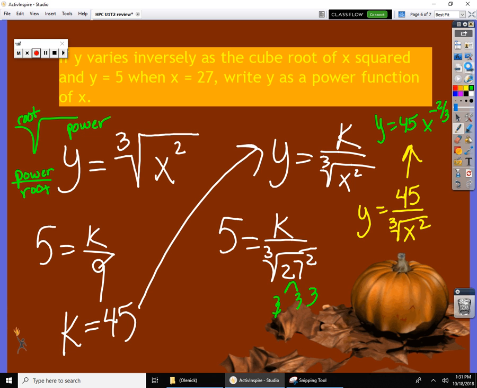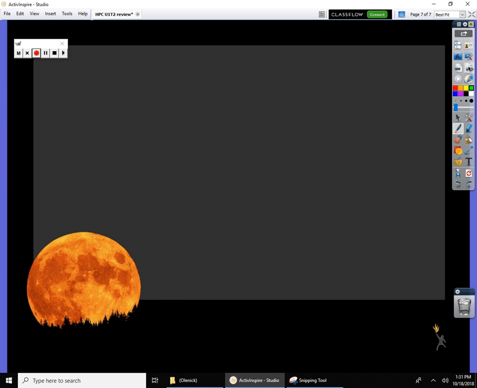The next and the final question is, which grows faster, x squared or x cubed? X squared. How could I know? You can make a table of values. You could graph it on your calculator. You could type both equations in your calculator and go to second graph and look at the table of values.